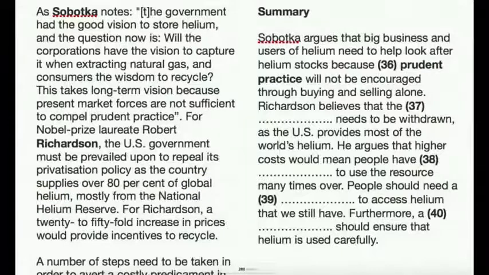The National Helium Reserve. Again, that doesn't really make sense. The National Helium Reserve needs to be withdrawn as the US provides most of the world's helium. So we can't be sure at the moment, but so far this is a possibility because it's the only noun that looks likely to fit in this gap.